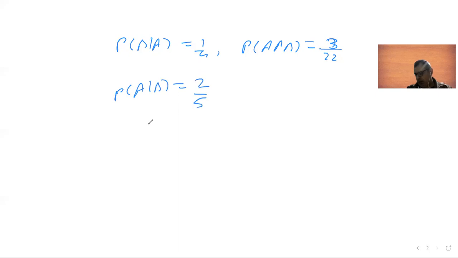And we have to find A union B. So this is a similar type of question. You want to do it? Okay, do it. Give me 2 minutes. You just do it from your side.